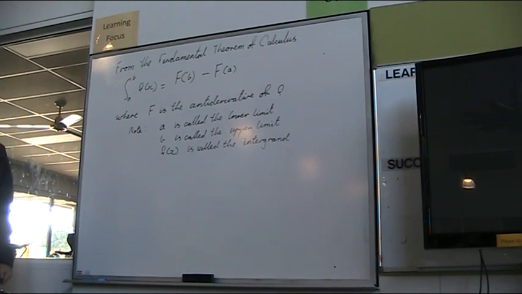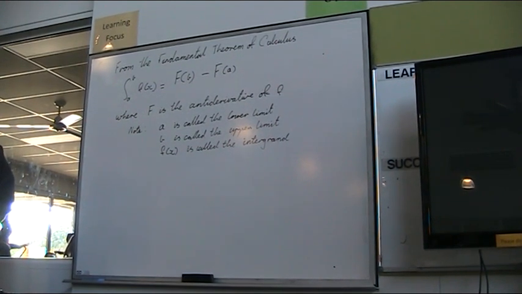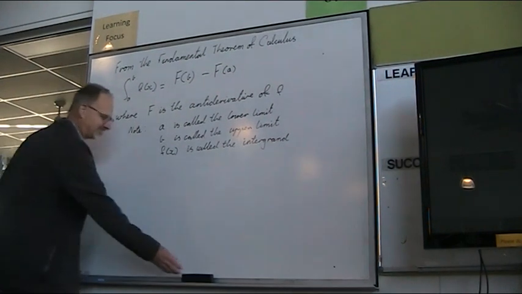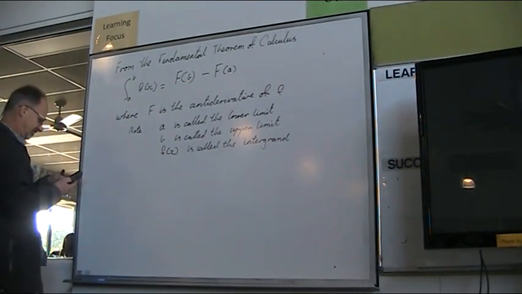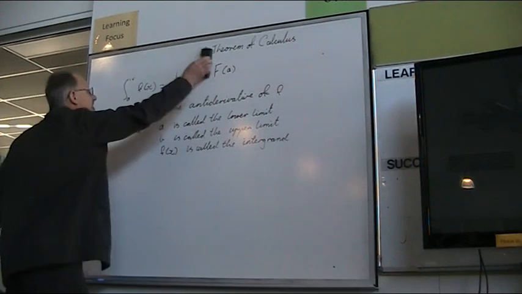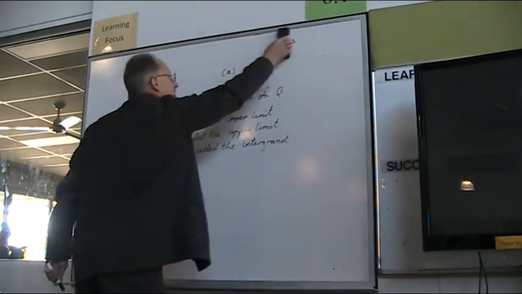All right. Can I rub that off? Do some examples. Got a fair bit of stuff today, unfortunately. All right, so let's do some examples of how we might do it.